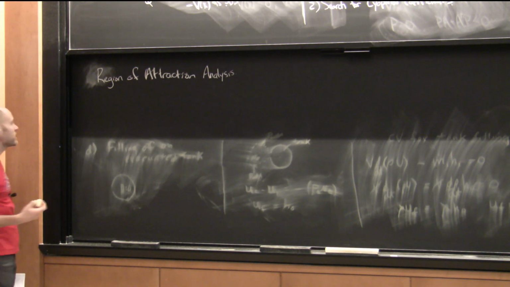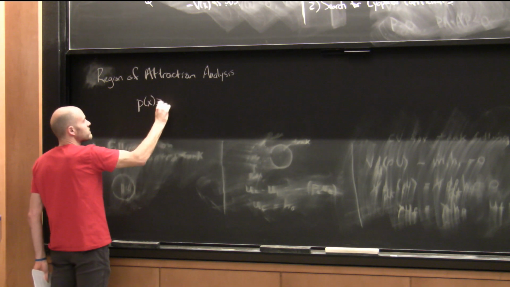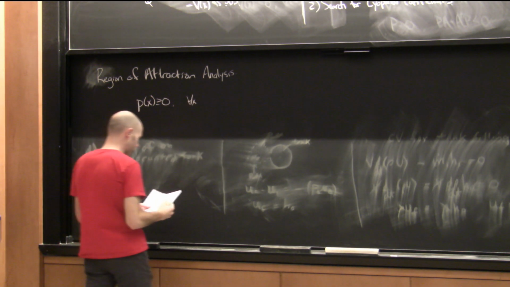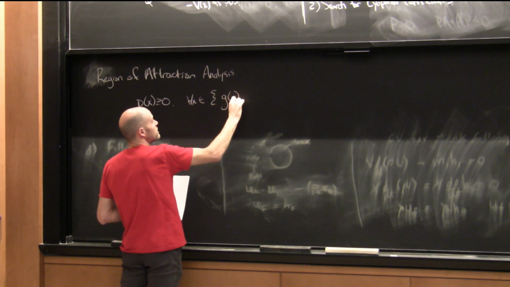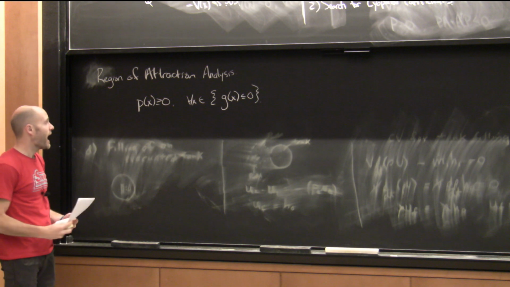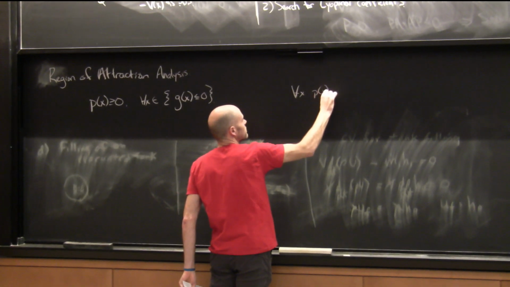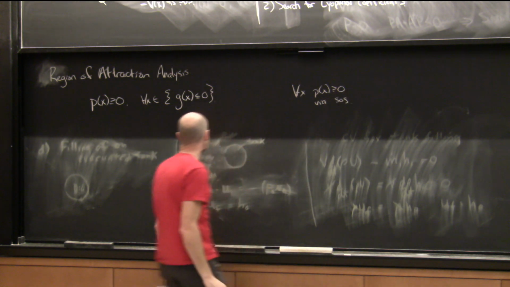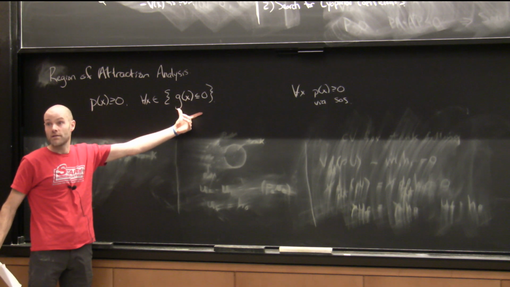What I'd like to do is say something like P of x is greater than 0 for all x that's in the set of, let's say, some constraints g of x less than or equal to 0. This is the capability that I'm going to need, right? I have, for all x, P of x greater than 0 via the SOS relaxation, but I don't yet have the ability to limit x just over some set.